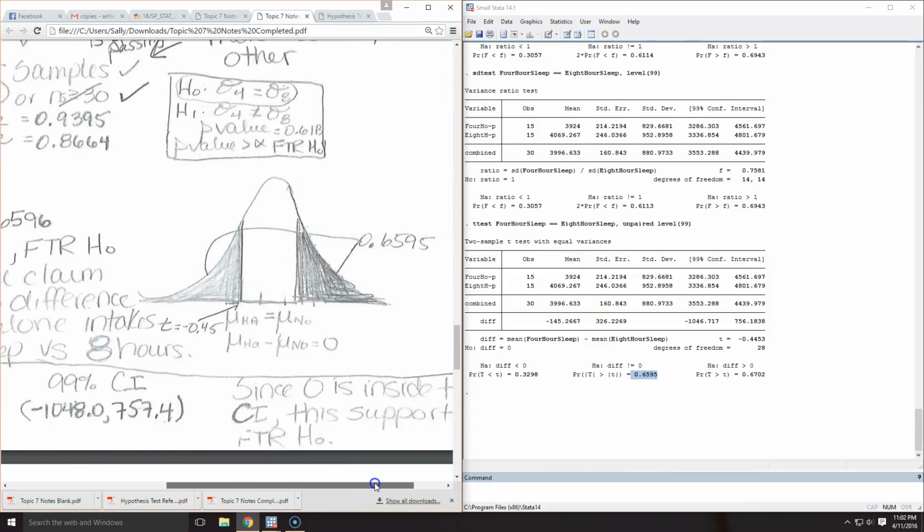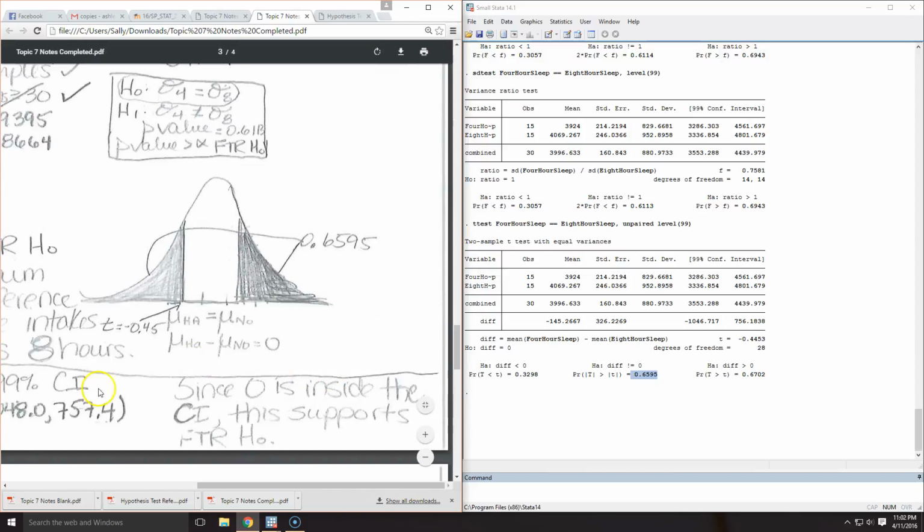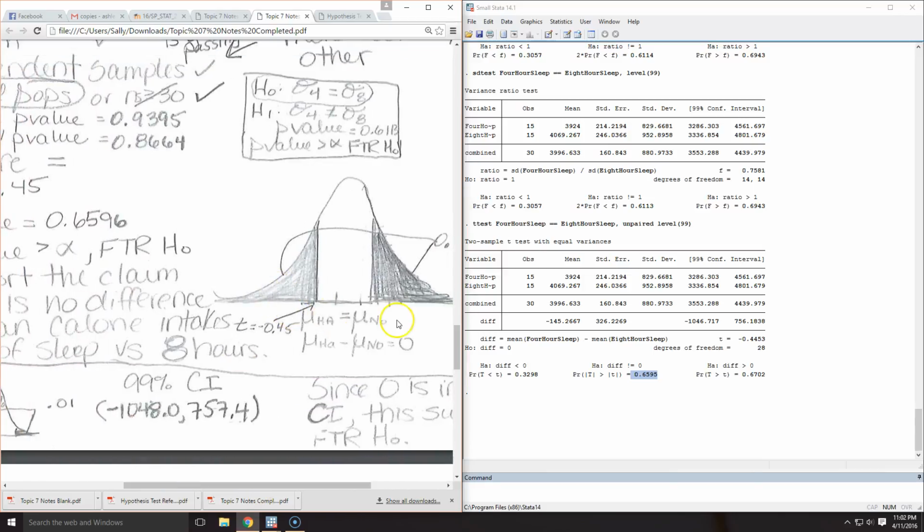I wonder if I did the rounding for this one too. So since 0 is inside of this, the confidence interval supports failing to reject H0, because H0 says that there's evidence to suggest that they could be the same exact population mean. And since we found evidence that their difference could be 0, that means it's possible that they are the same number.